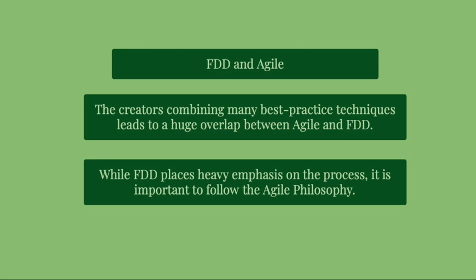While feature-driven development places heavy emphasis on the process, it is important to follow the agile philosophy. We want to make sure that we are accommodating to changing requirements and being agile. Feature-driven development pretty much has processes in place to make sure that this happens.